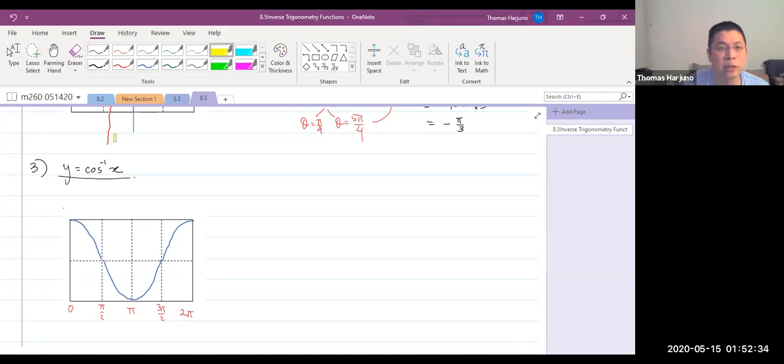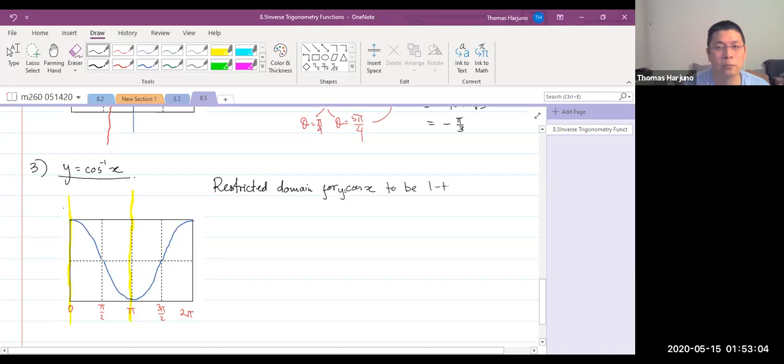Now they will restrict that from 0 to pi. That's the restriction. The restricted domain for cosine y equals cosine x to be 1 to 1 is from 0 to pi.